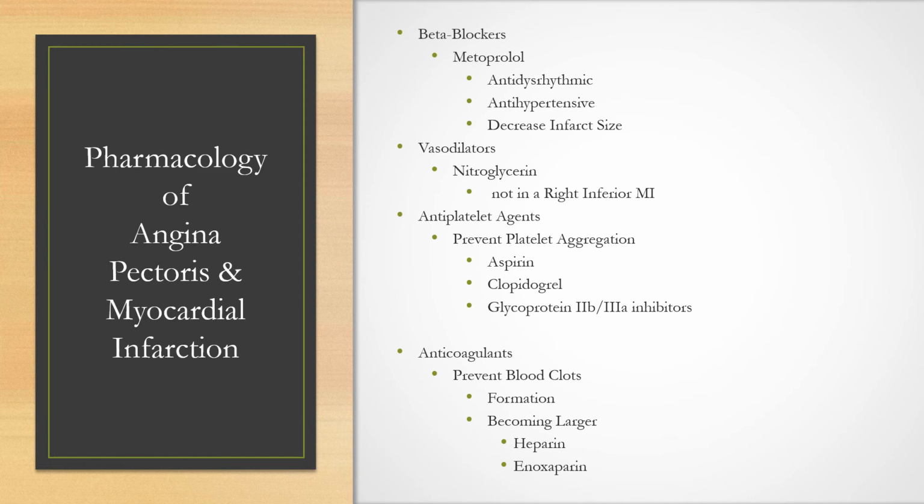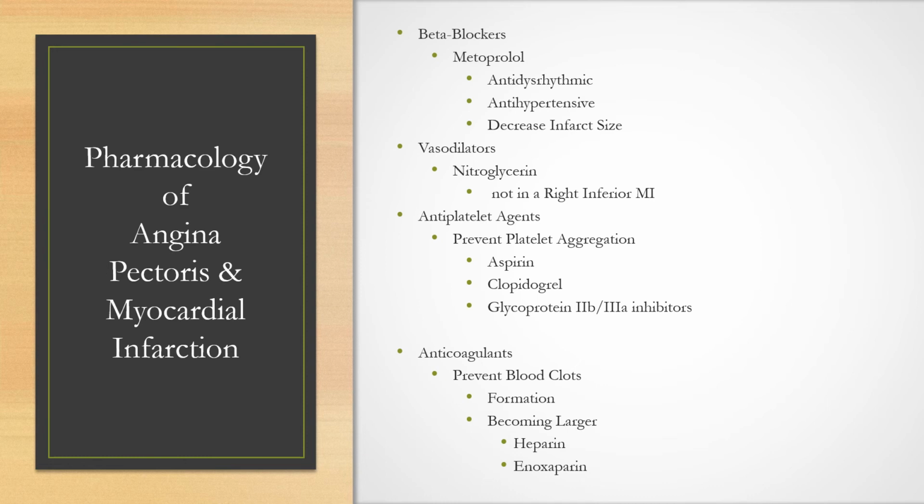So remember, what's the overriding goal that we want to do in someone who has a critically occluded coronary artery, say in unstable angina or a heart attack, an NSTEMI or a STEMI? We want to open up that artery, the coronary artery, right?